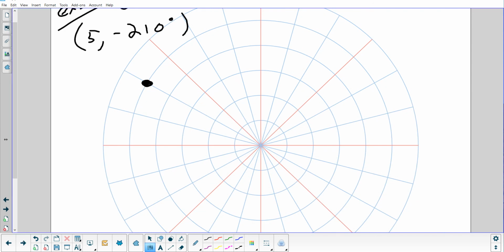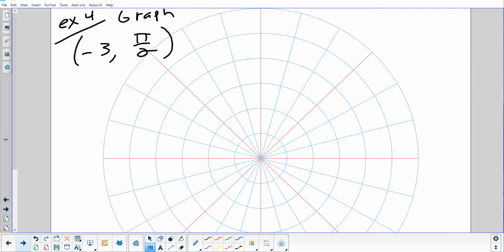Okay. All right, let's try this one. -3, pi over 2. All right, so again, I'm looking at that angle. We might want to change that to degrees. Jade, can you tell me what that would be in degrees, pi over 2? 60 is pi over 3.